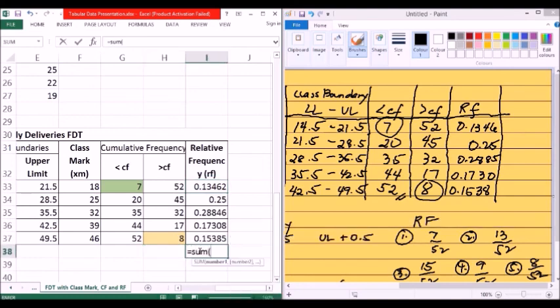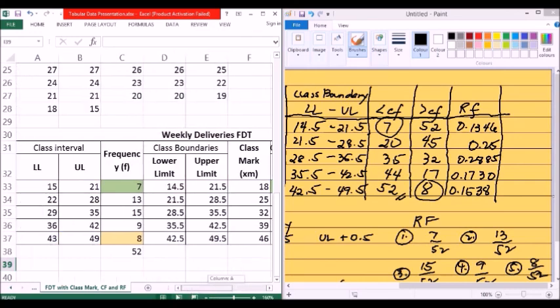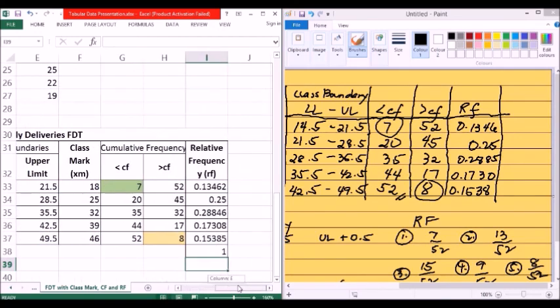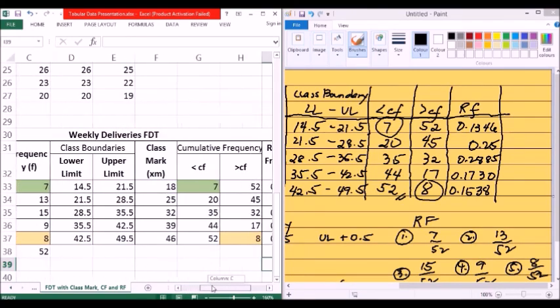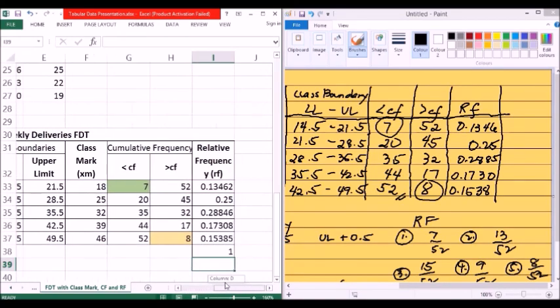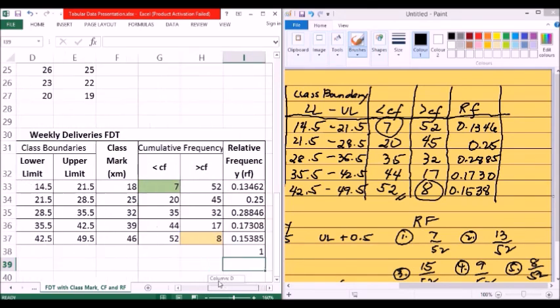Ayan, add natin tong relative frequency, the result will be 1 or 100%. Okay, so yan po yung ating how to make frequency distribution table, no? Na meron ng class boundary, class mark, and cumulative frequency, no po? So, ayan, hopefully makatulong po sa inyo itong video na ito.